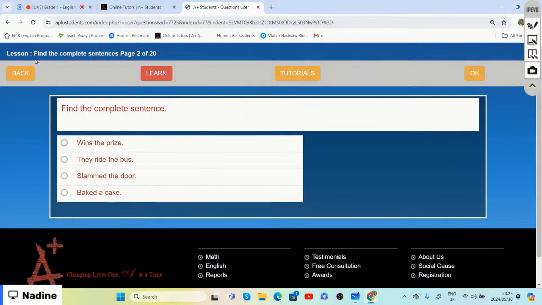So now let's identify the complete sentence within the next one. It says wins the prize, they ride the bus, slam the door, baked a cake.